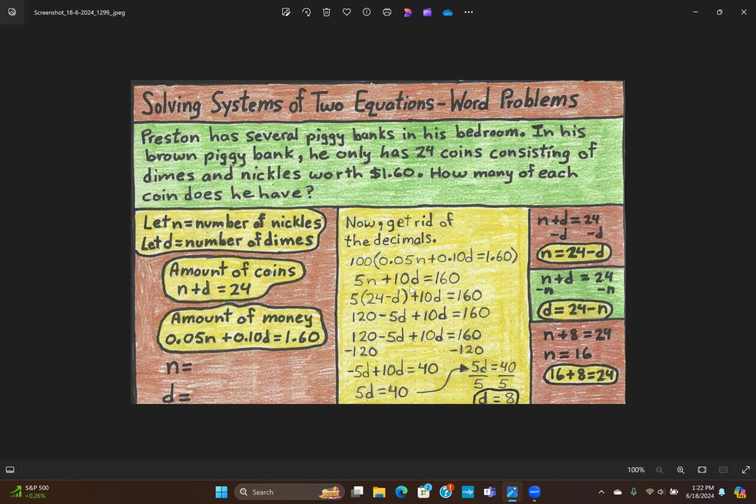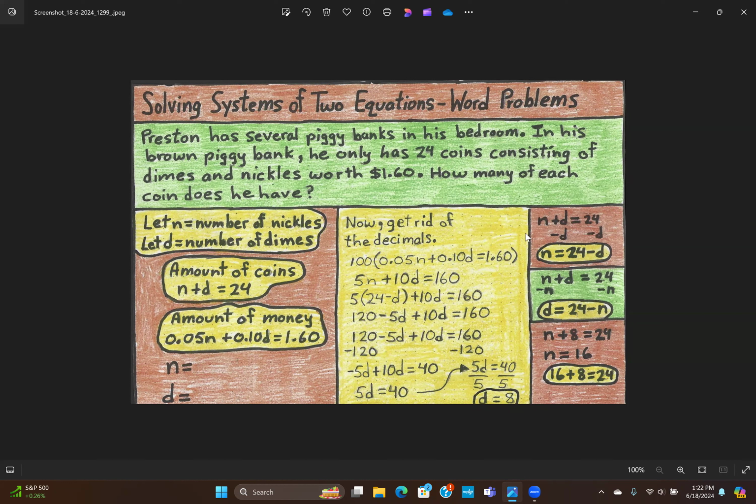And here's what happens. Magic. Once we distribute that 100 across the board, we have 5n plus 10d is equal to 160, a whole lot easier to work with. And now let us solve in terms of d, how many dimes we have. And if you remember, n plus d is equal to 24.